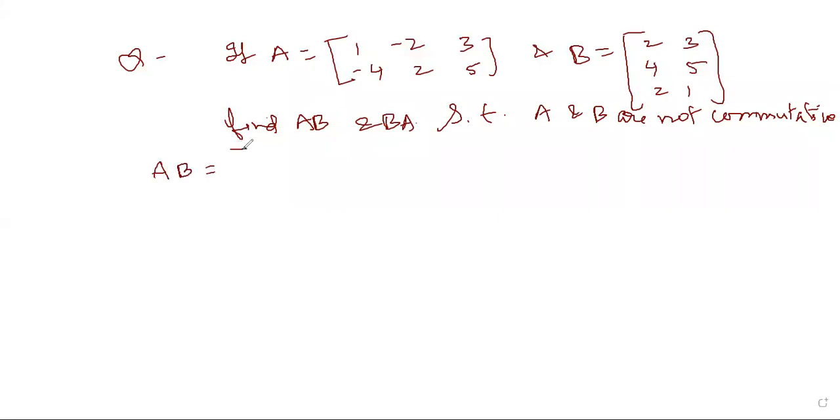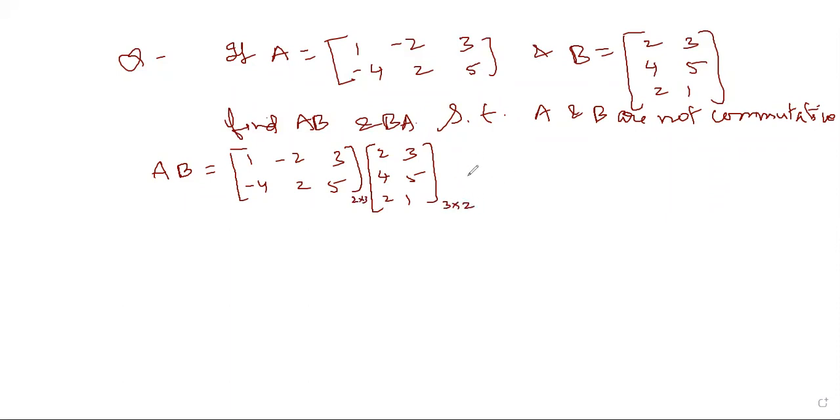But multiplication is possible. A into B: 1 minus 2, 3 minus 4, 2, 5 will multiply with 2, 3, 4, 5, 2, 1. It has 2 rows, 3 columns, and the other has 3 rows and 2 columns.